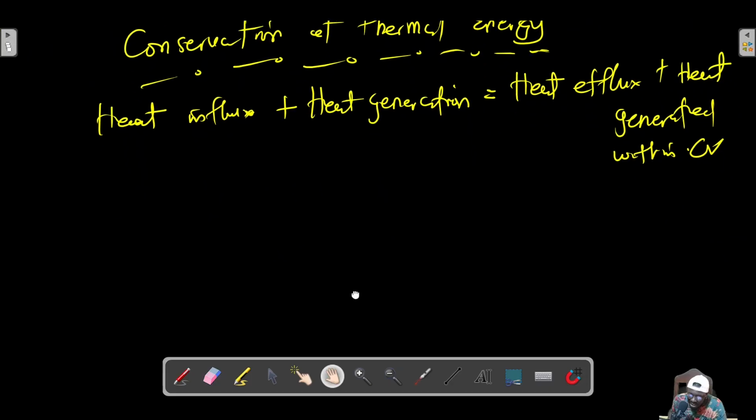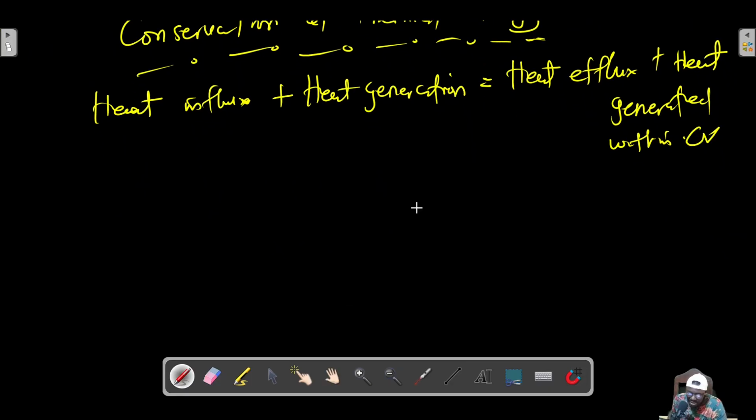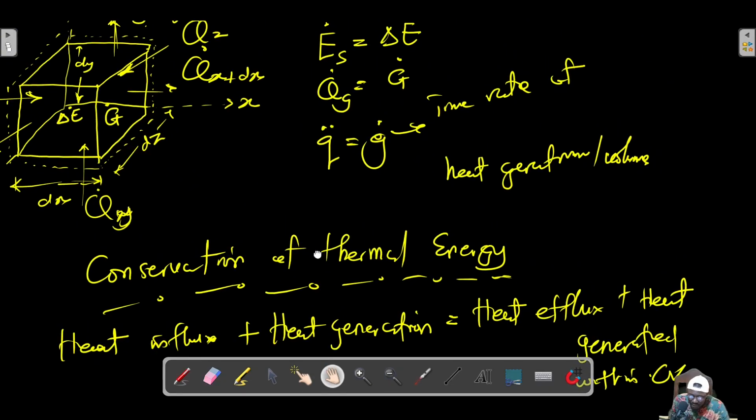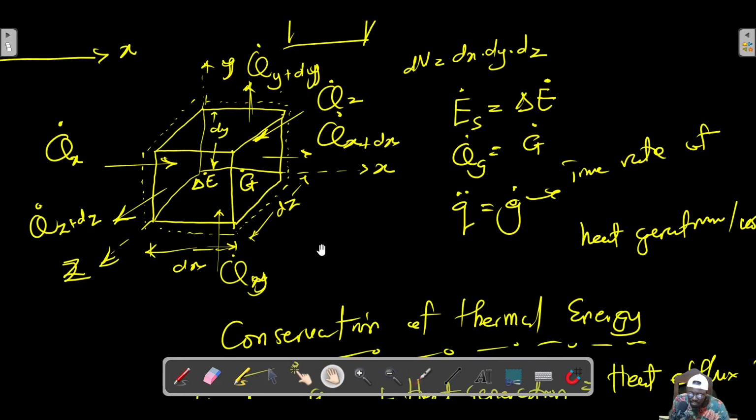Then mathematically, representing this particular statement with symbols, it is so simple. Now, how do I write this? Now, when you check from my infinitesimal control volume, you realize that Q subscript X dot is entering into the control volume. Q subscript Y dot is also entering into the control volume. And Q subscript Z dot is also entering into the control volume.